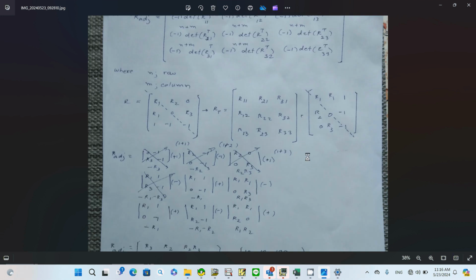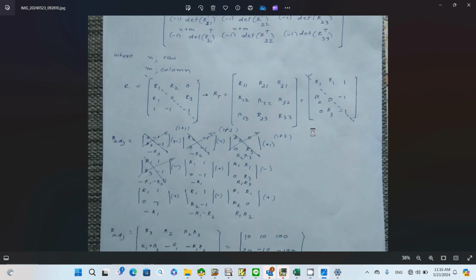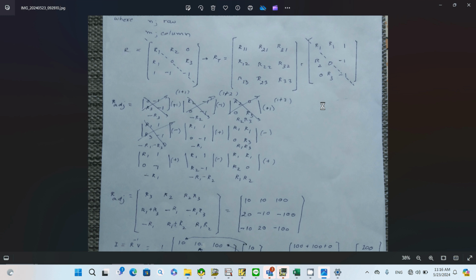and then the next step is that you need to look for the R adjoint. How do you do that? From the element 1 1, you have it right here. So you draw a line for row number 1, and draw a line for column number 1. So you end up with 0, minus 1, R3, and minus 1.